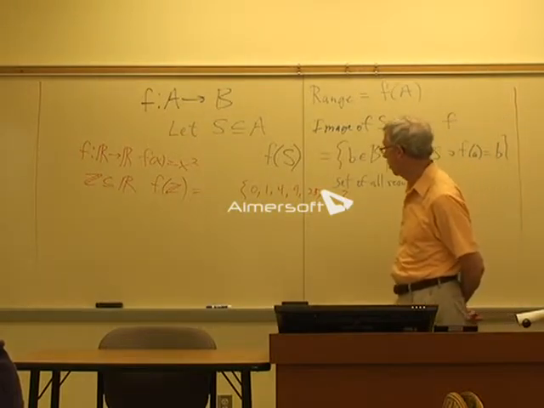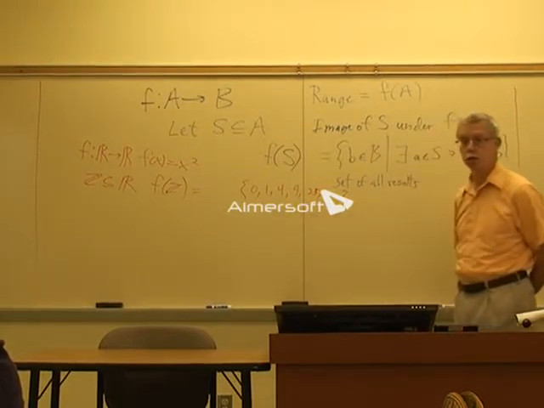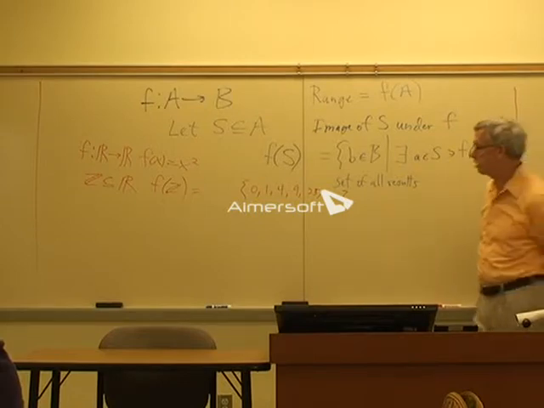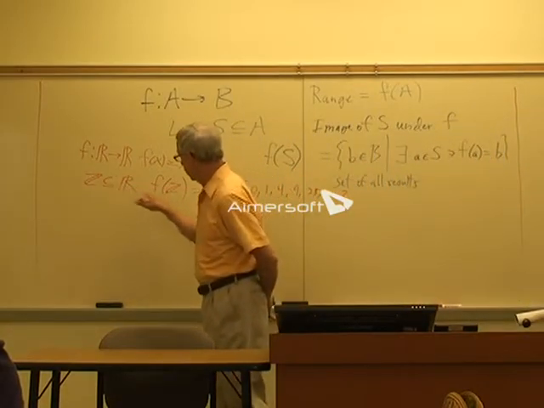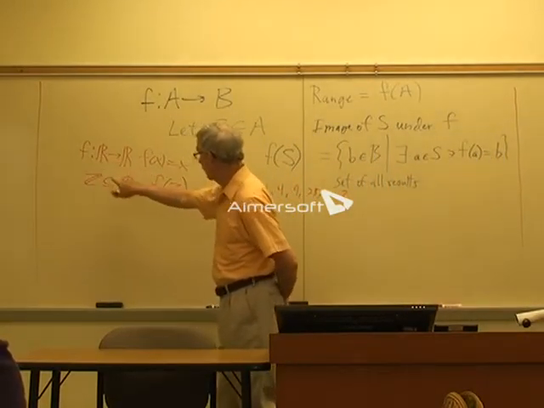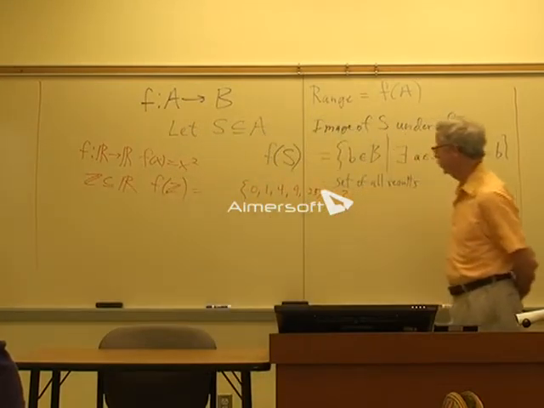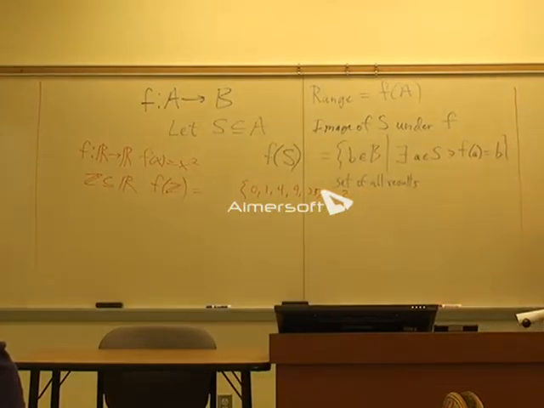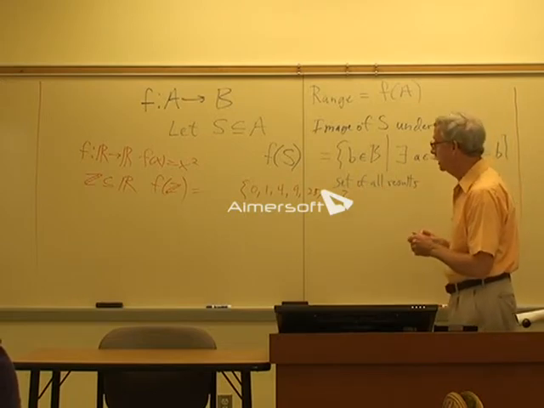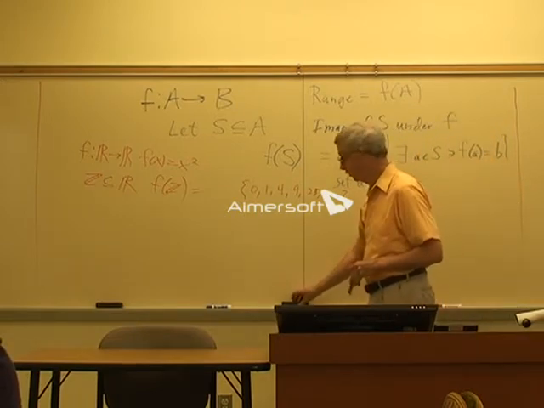I put 2 in, I get 4. Put 3 in, I get 9, then 16, 25, etc. So the image of the integers as a subset of the reals under this map is just all the squares, because these are all the ones I get to by squaring every integer.